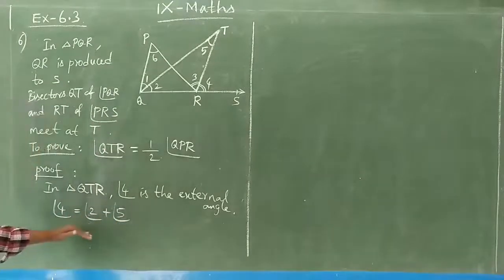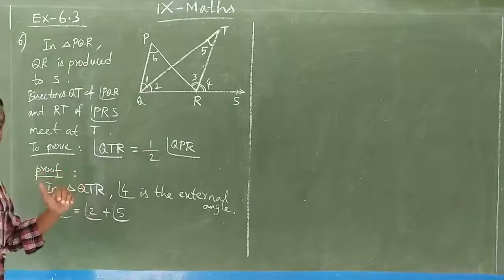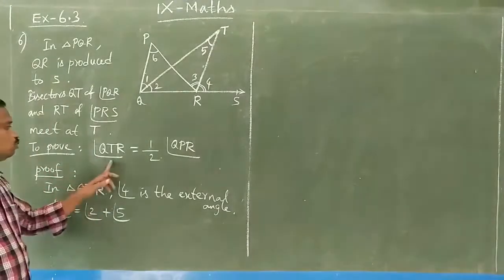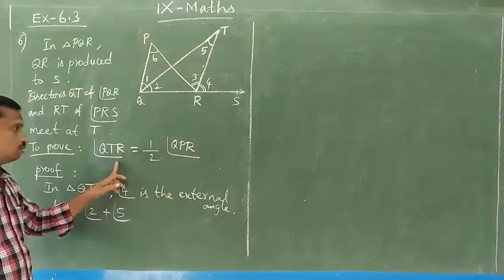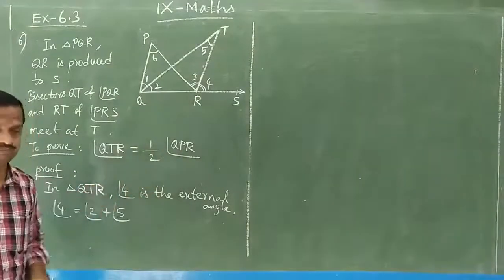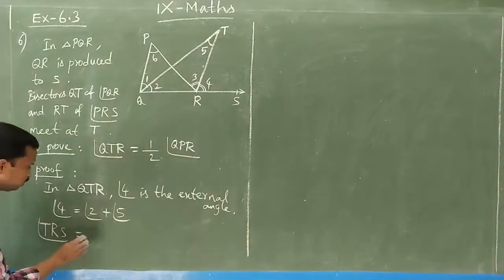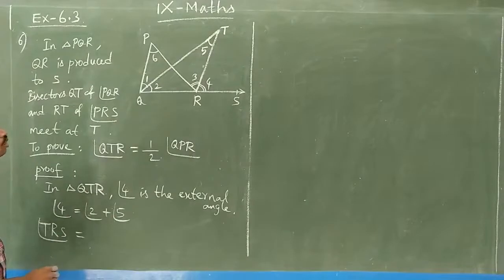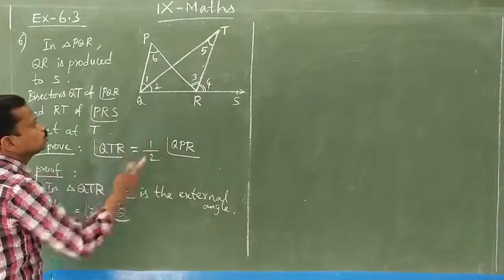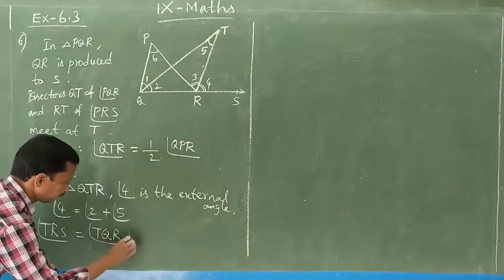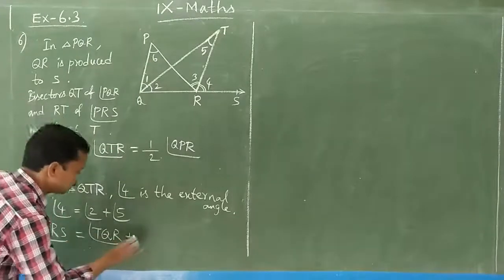Why I am writing the numbers is so you understand clearly. But here we have to prove that QTR is half of QPR. So now we can write what is angle 4? TRS is equal to, what is angle 2? That is TQR. Then what is angle 5? QTR.